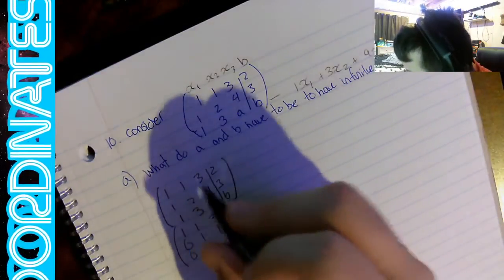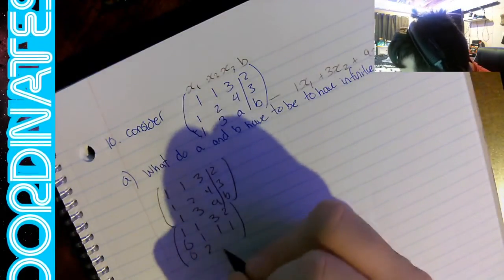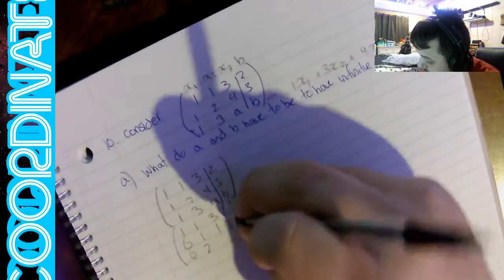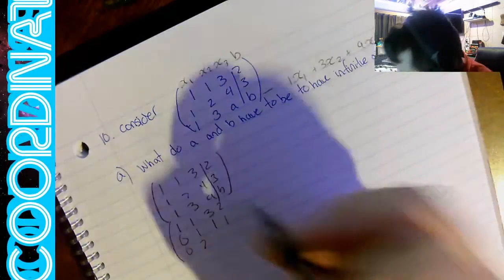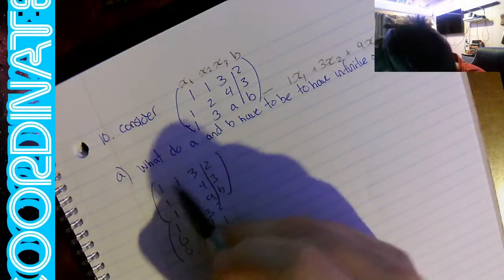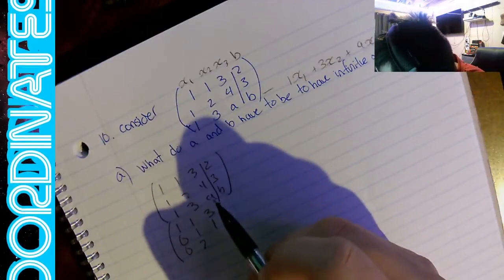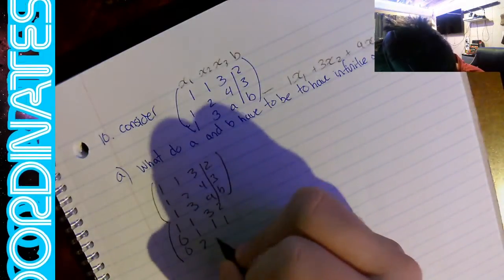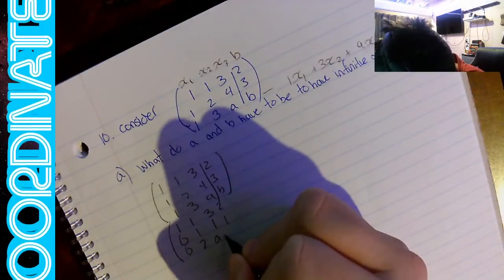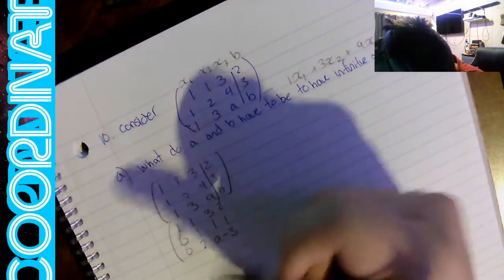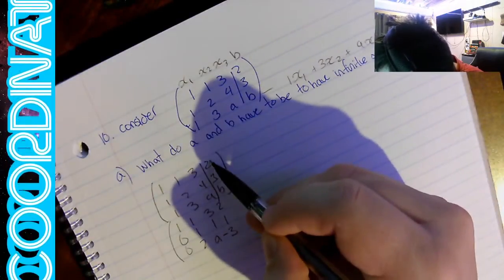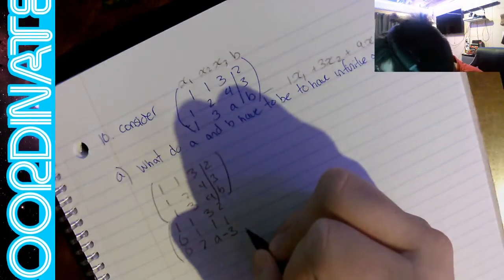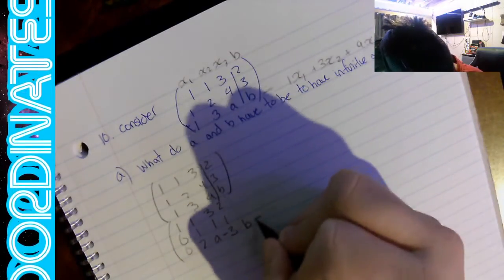Negative 1 times 3 plus a, so a minus 3. This is where it's going to get tricky, and you've got to be careful. Negative 1 times 2 plus b, or b minus 2, I'm going to write it like this.